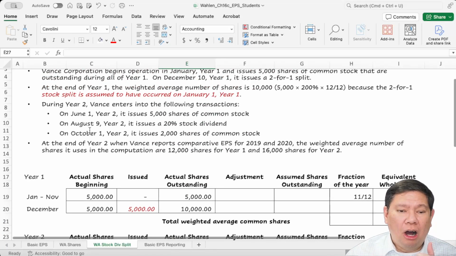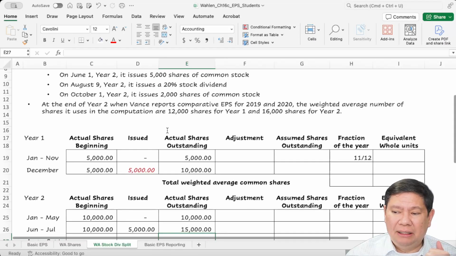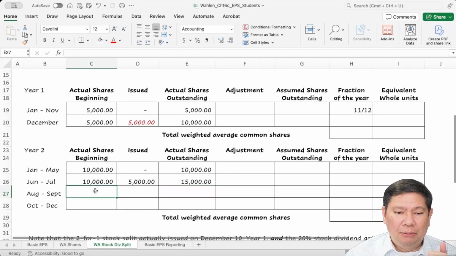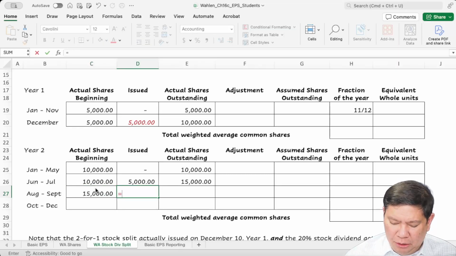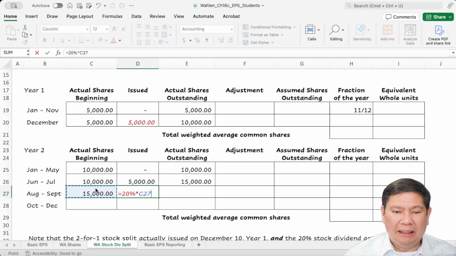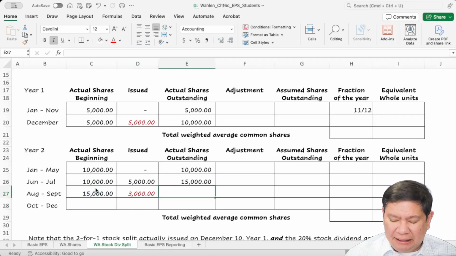Why? Because in August, let's assume August, it issues a 20% stock dividend. So we start August with 15,000, and then the company will issue 20% of that as a stock dividend, 3,000 shares.